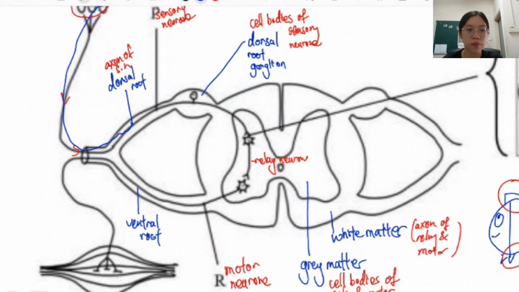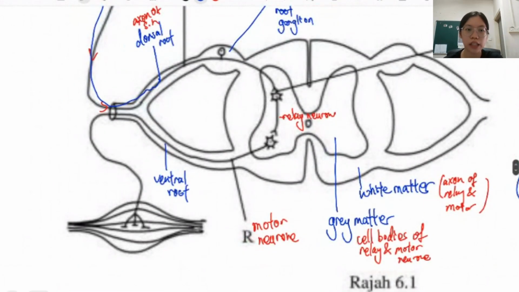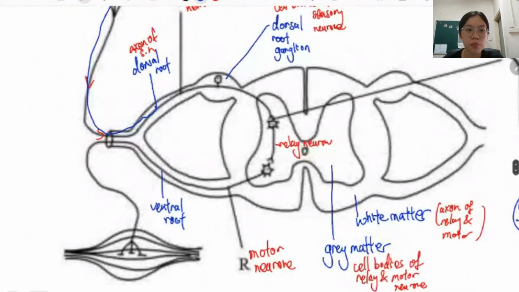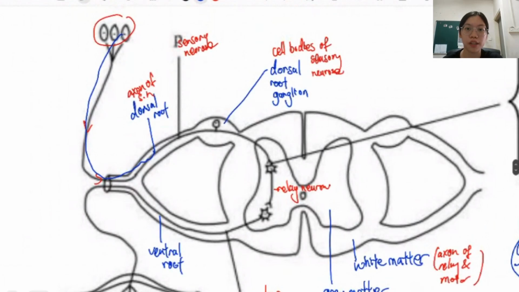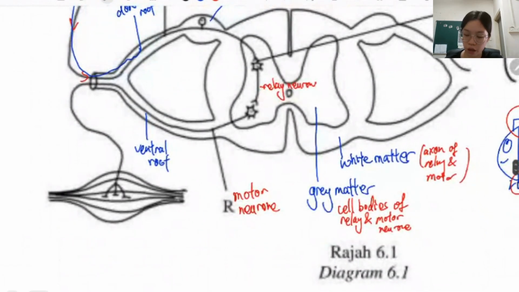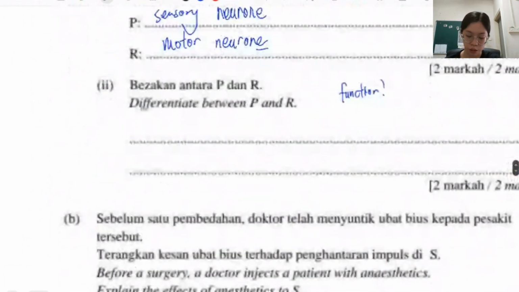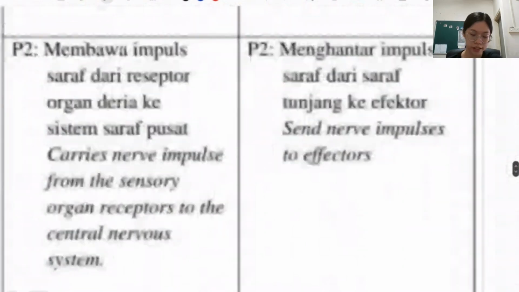And motor neuron is the one that sends nerve impulses to your effector. What about their cell body? The cell body of the sensory neuron is found in the dorsal root ganglion. The cell body of the motor neuron is found in the gray matter of the spinal cord. This is how you differentiate between them.